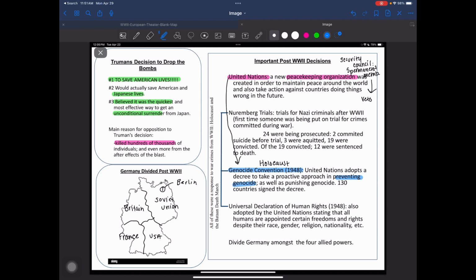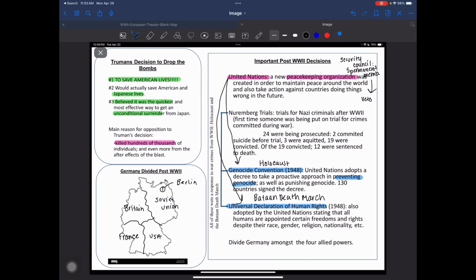Something else that the United Nations is going to participate in is being a part of the Universal Declaration of Human Rights. And I just talked about this on the slide before. And the reason that we have this is because of the Bataan Death March.